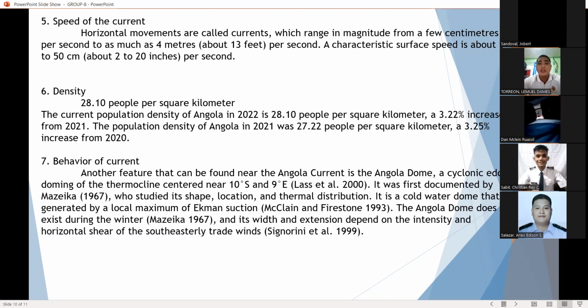It is a cold water dome that is generated by a local maximum of Ekman suction. The Angola Dome does not exist during the winter, and its extension depends on the intensity and horizontal shear of the southeasterly trade winds.